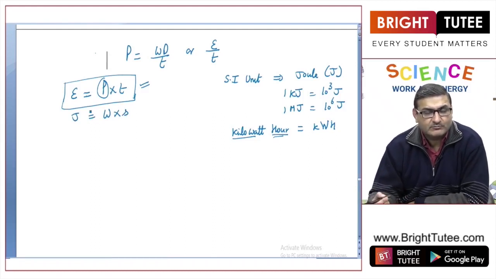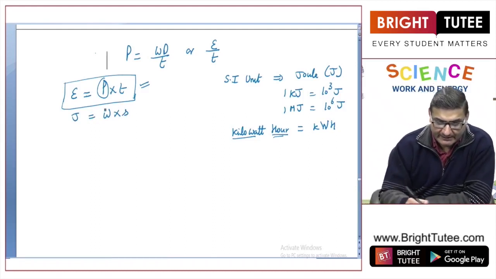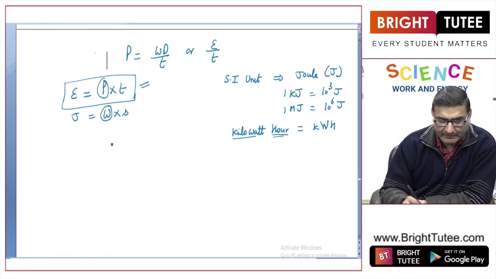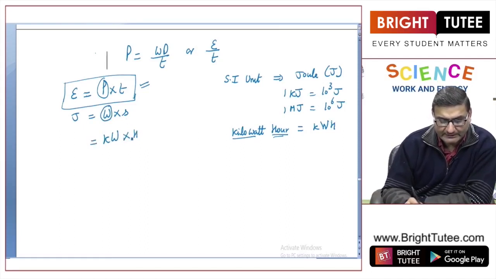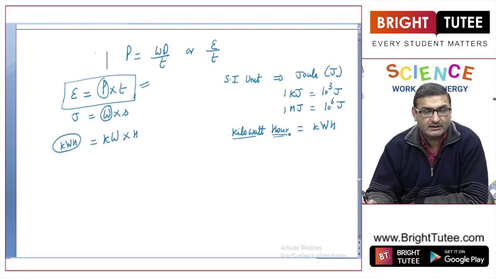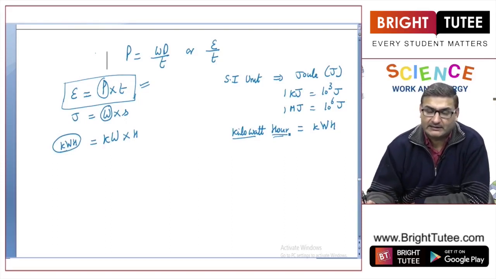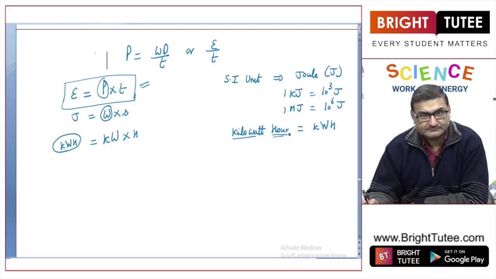These are smaller units, the SI units. But if I take the bigger unit of power, that is kilowatt, and the bigger unit of time, that is hour, now multiplying this, I will get kilowatt hour. This is a bigger unit of energy. Got it? Fine.